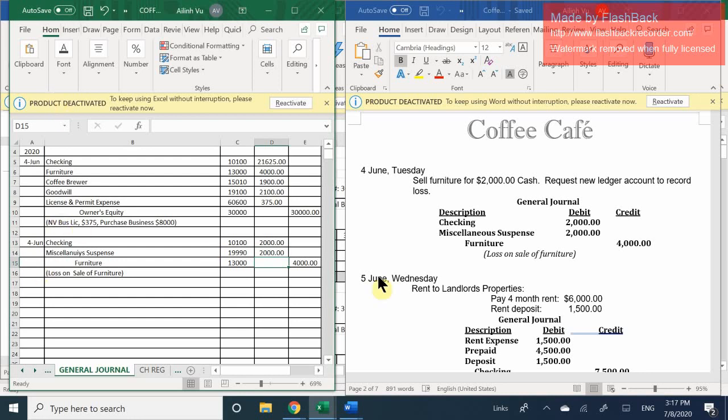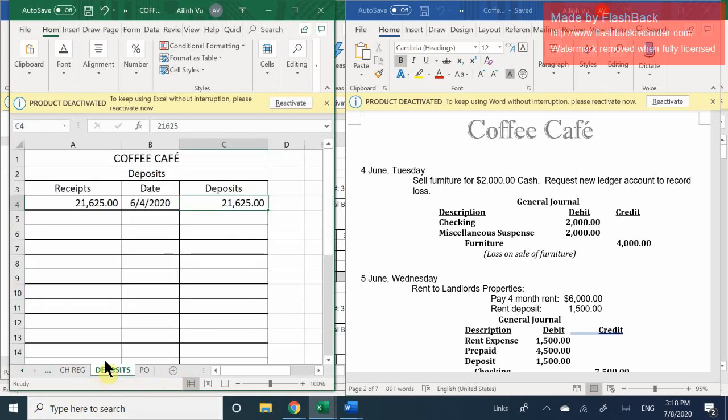Okay. So now I completed this journal right here. Suspense, 2,000. Now the first thing that we did is we received cash. What are we gonna do with it? Put it in the bank account.